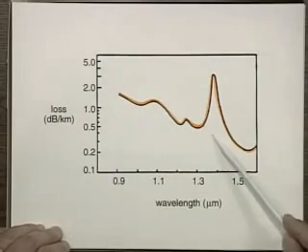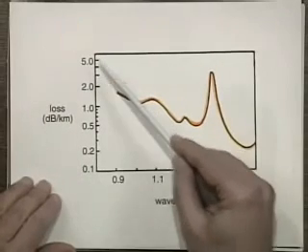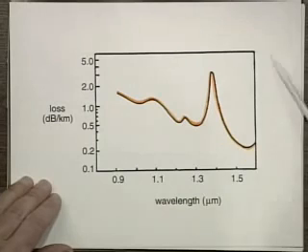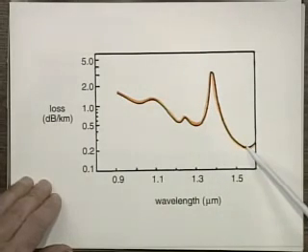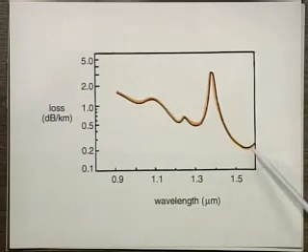That's on one side. As the wavelength gets shorter, the scattering gets larger and larger, and then you're in trouble. That's the same reason why the sky is blue. Now on the other side, not shown here, is the material absorption, the infrared absorption and so on, for the quartz, for the glass.